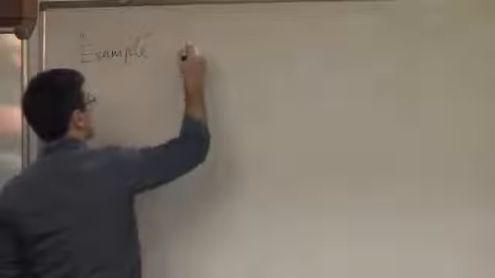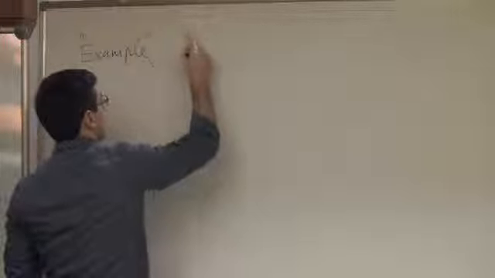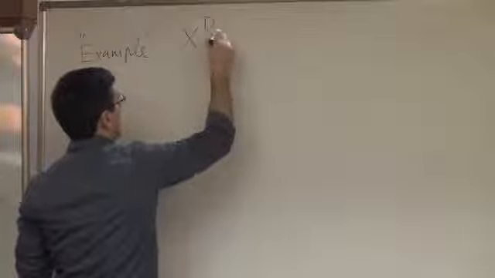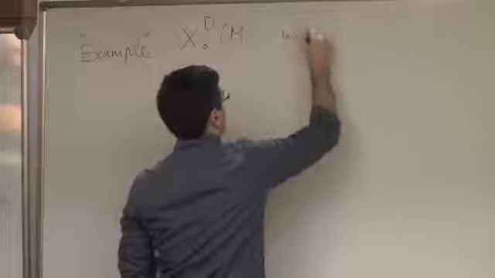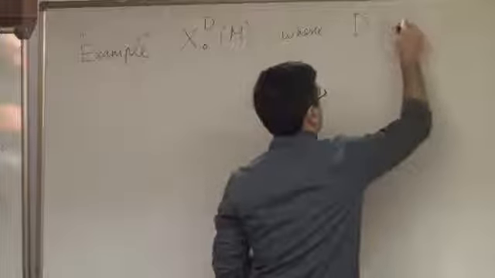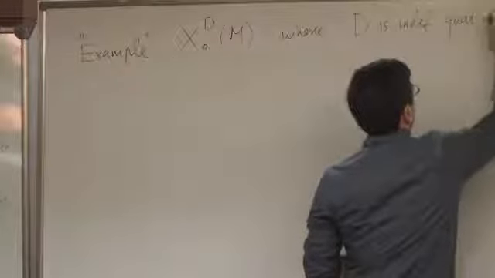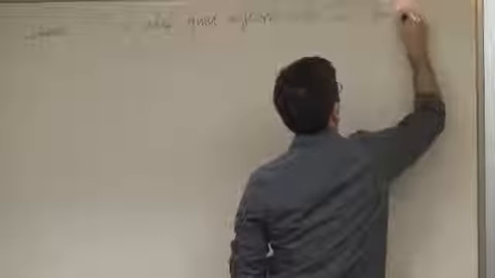So now consider the Shimura curve X_0^D(m), where D is an indefinite quaternion algebra over Q ramified at primes dividing this D, and this D is a product of an even number of primes.